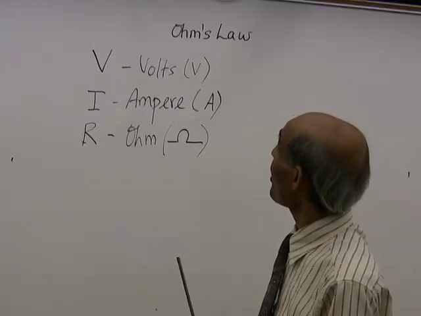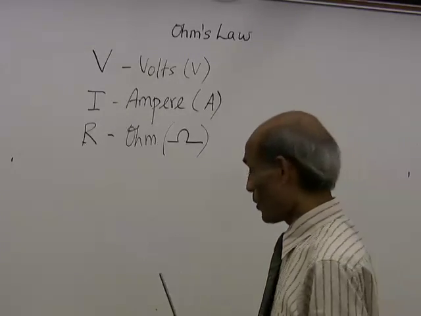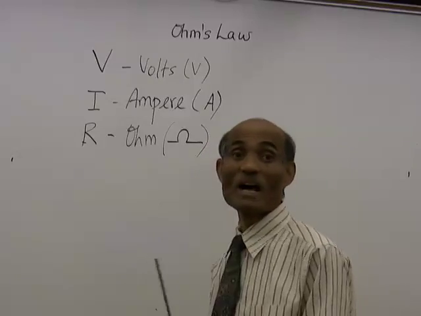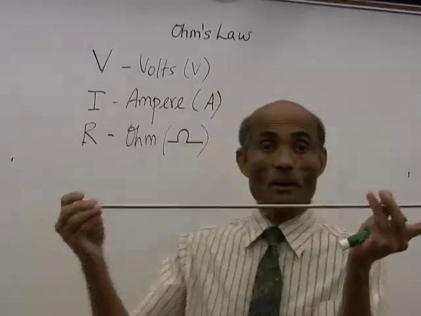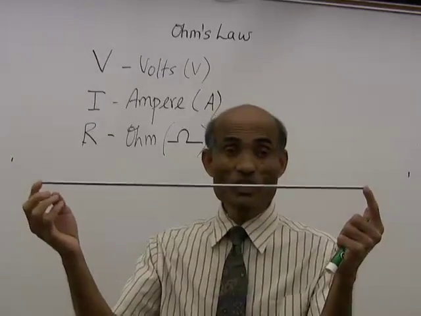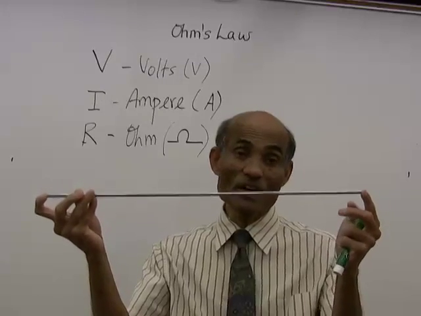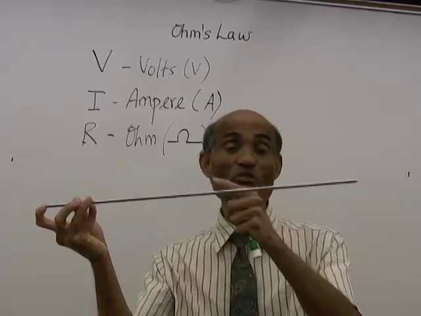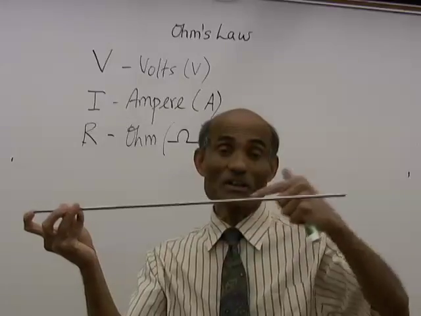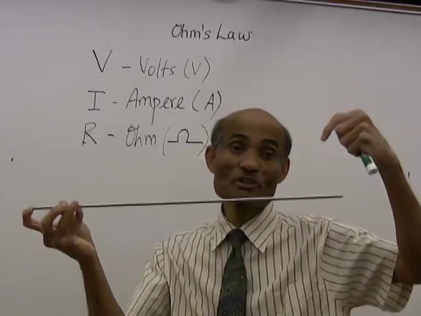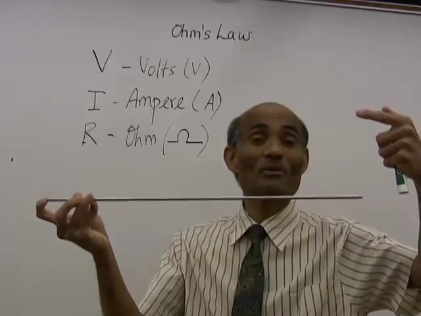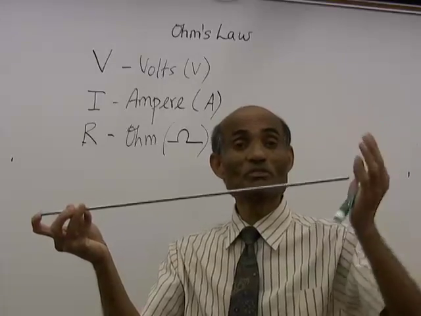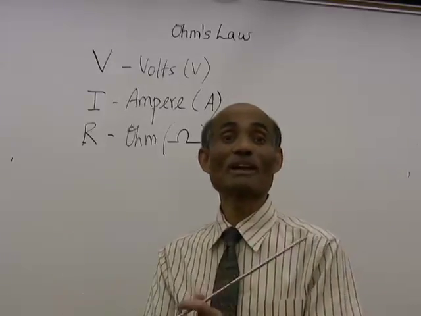What does Ohm's law say? Ohm's law says that if you apply a potential difference across the ends of a conductor, a current will flow in it, and greater the potential difference, greater will be the current. You increase the potential difference, the current also will increase.